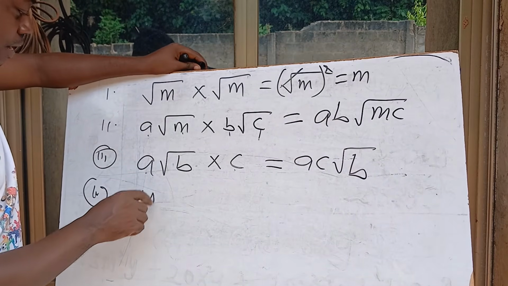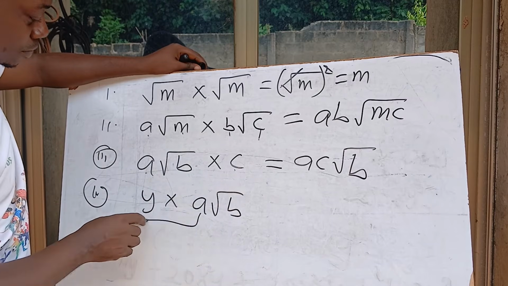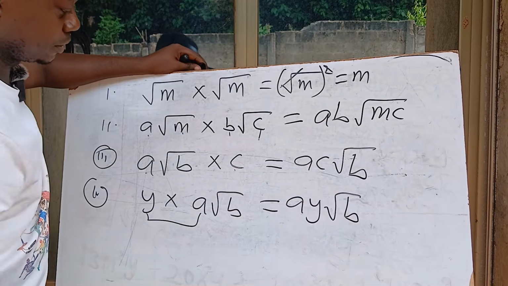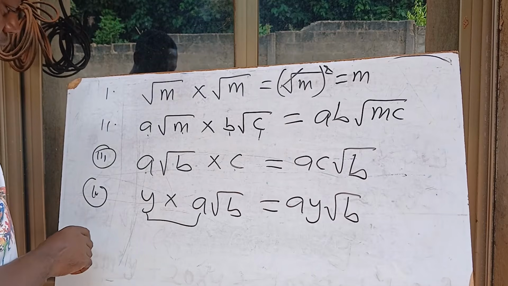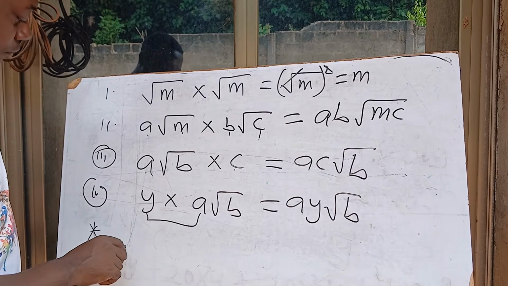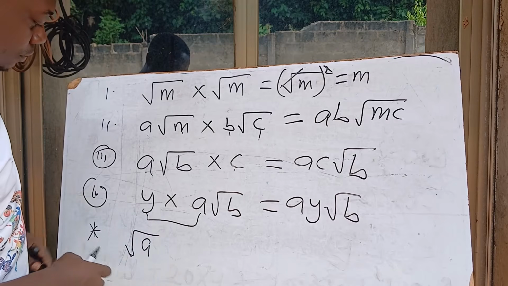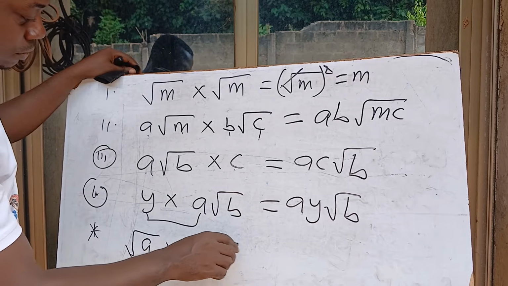And same thing, Y times A√B. Same thing, this one will multiply this. That will be AY√B. Okay, so we have so many of them. Now, when we have the square root of A times A square root of T.